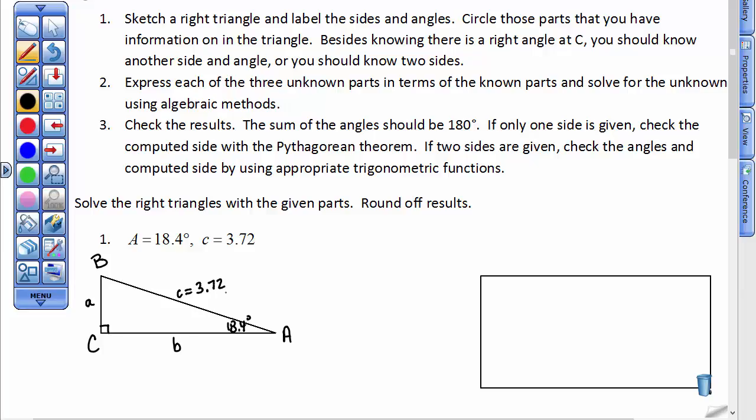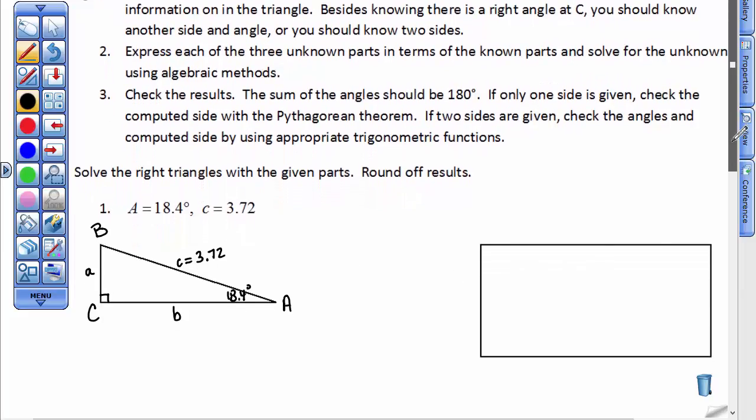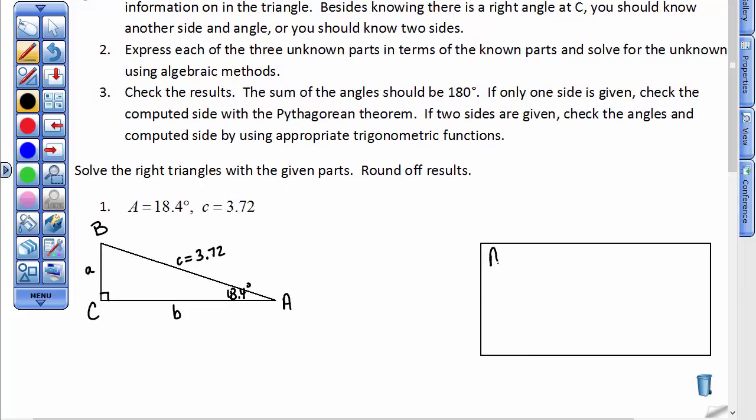If I'm asking you to solve a triangle, I have to give you three pieces of information. So here's angle A at 18.4, and here's side C at 3.72. The one other piece of information I gave you is that this is a right triangle, so angle C is equal to 90 degrees. You see this box over here? I'm going to suggest that you use a box like this every time you solve any triangle.